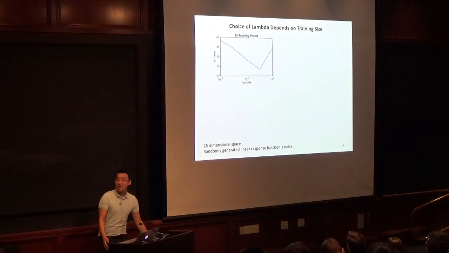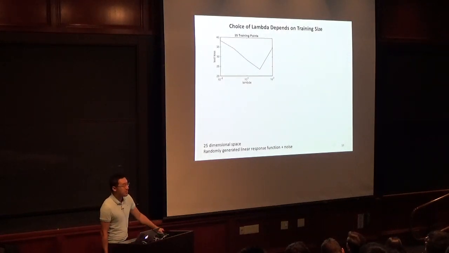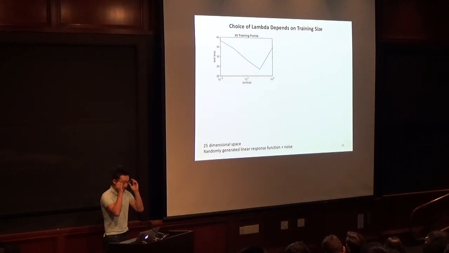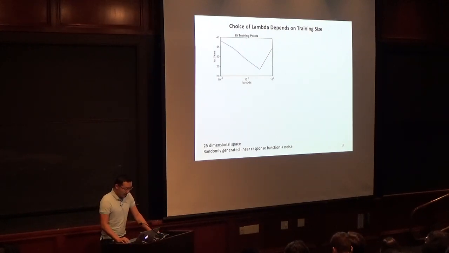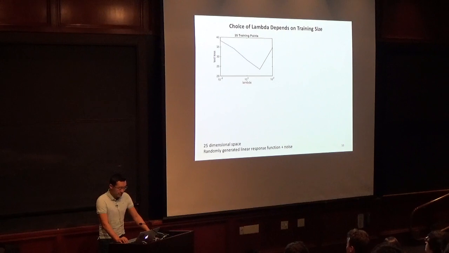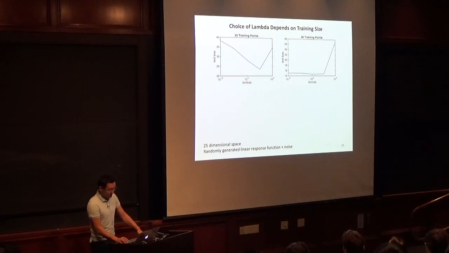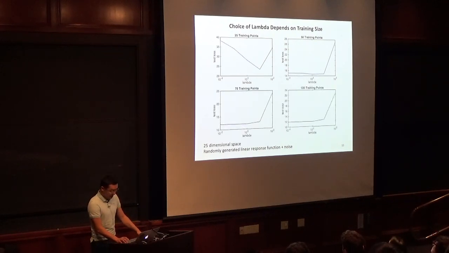And of course, it probably comes as no surprise to many of you that the best choice of lambda depends on the training size. So here is a plot of test loss as a function of lambda of another synthetic example, in this case 25 dimensions, for 25 training points, for 50 training points, for 75, and for 100.